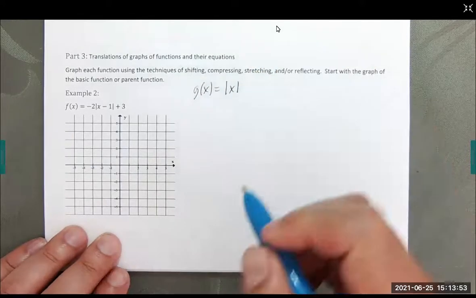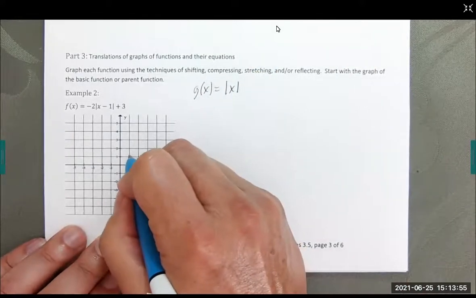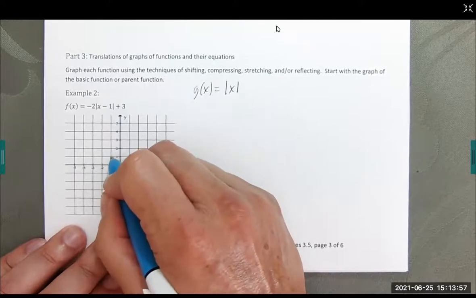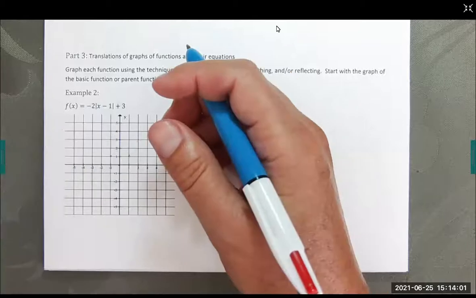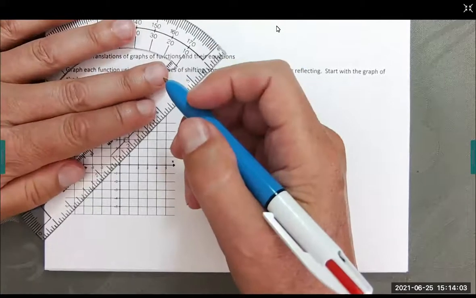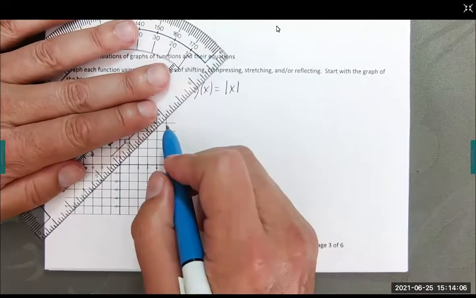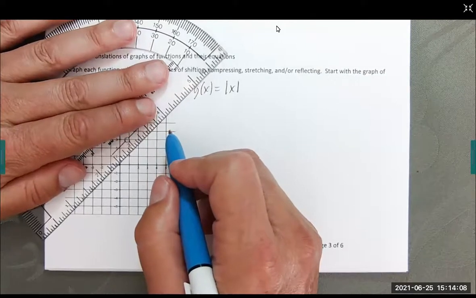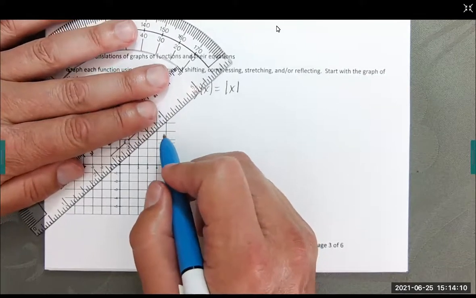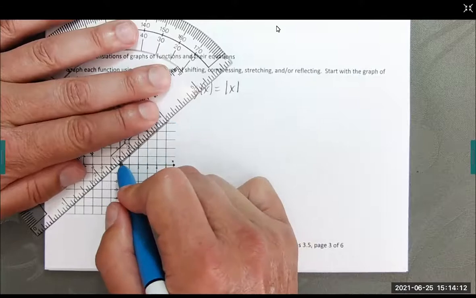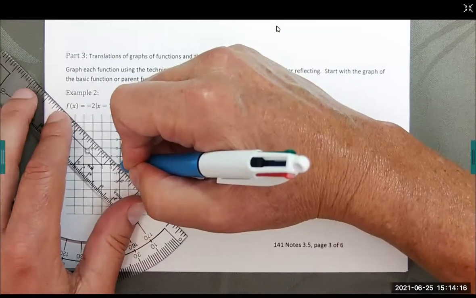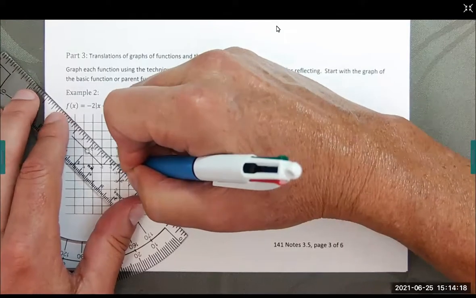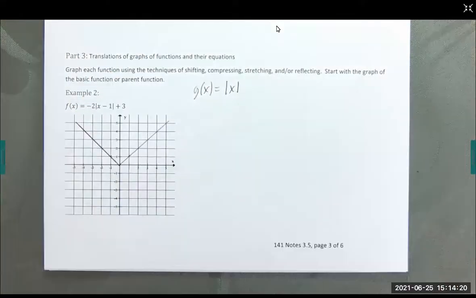That one looks like this here. So that is the parent function.